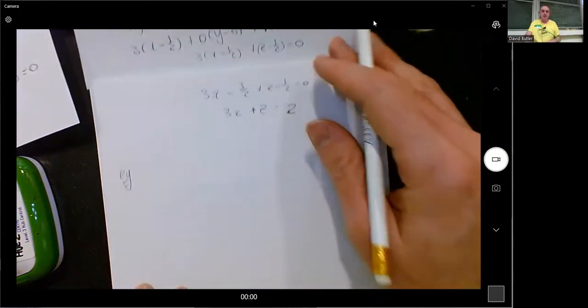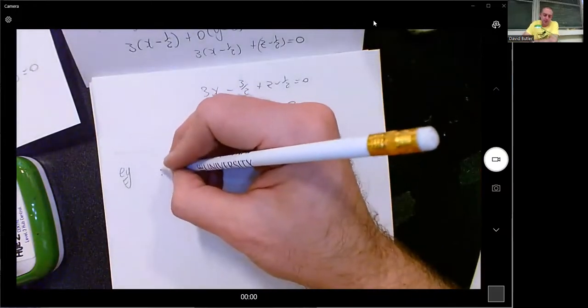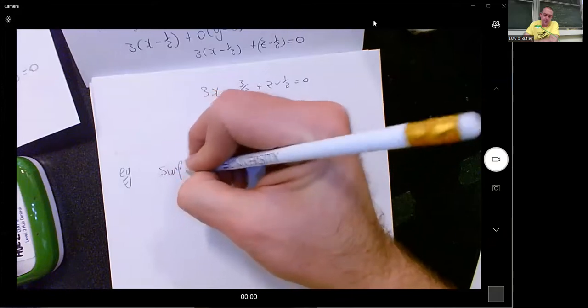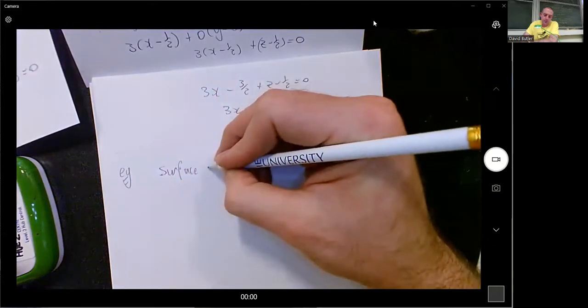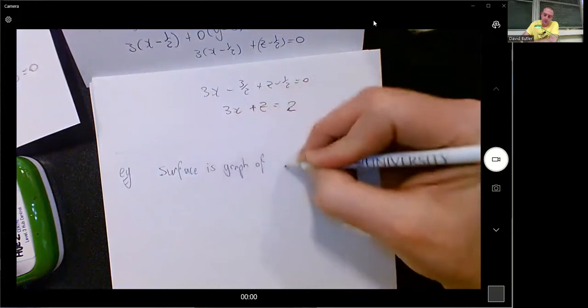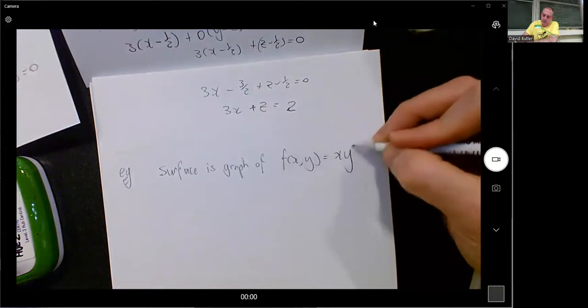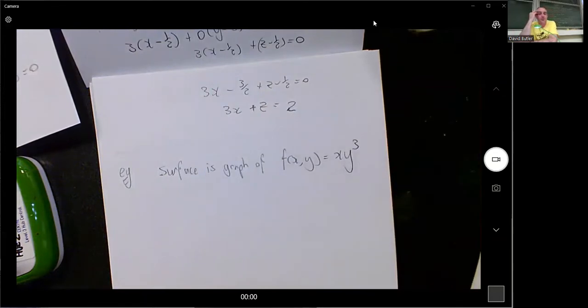But separately, just as a separate example, my surface is the graph of xy cubed.